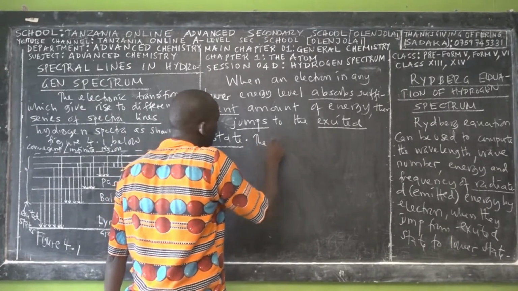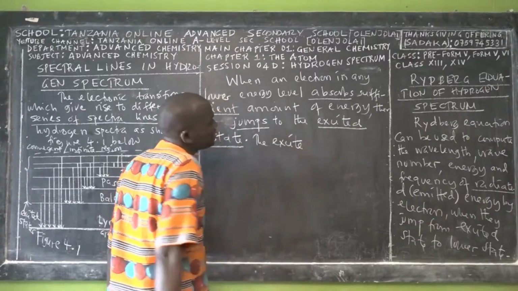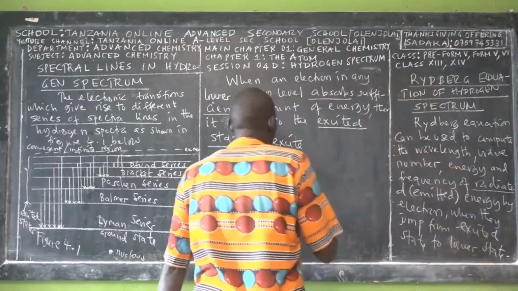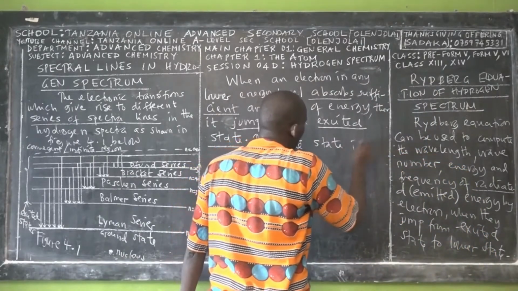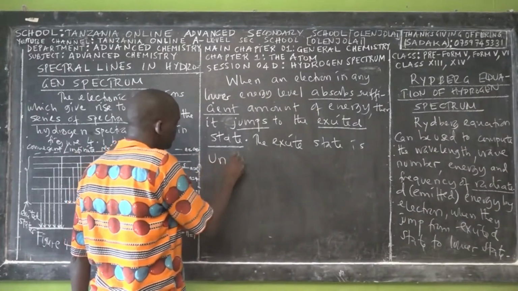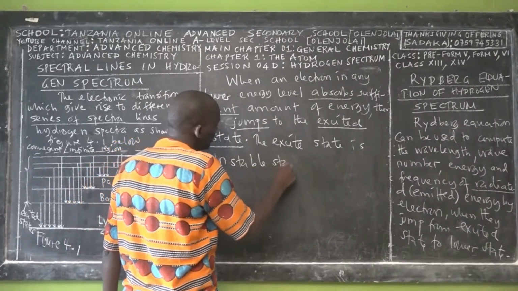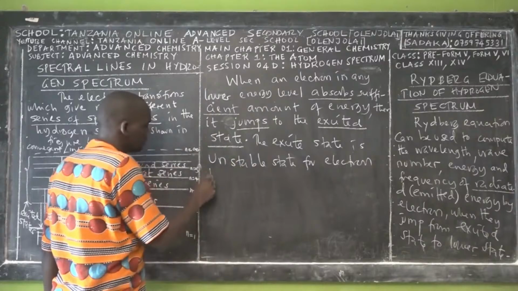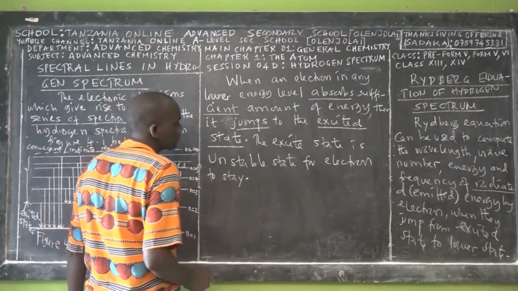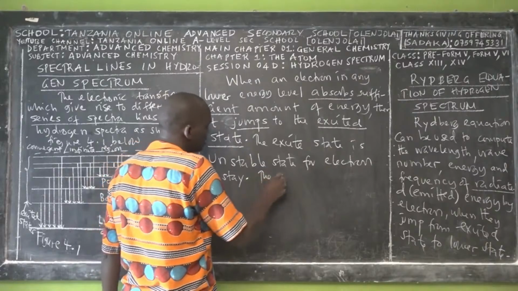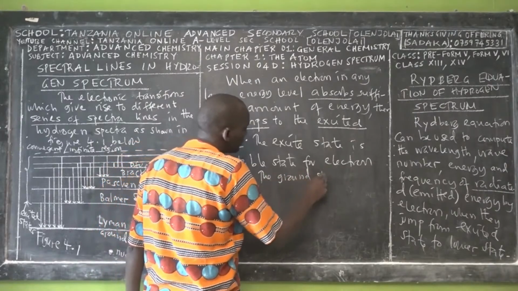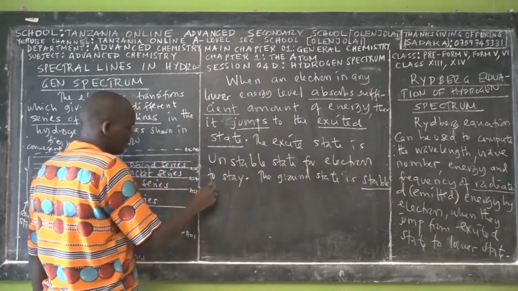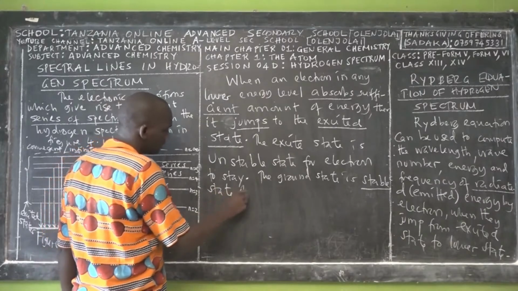The excited state is an unstable state for an electron to stay. The ground state is the stable state of an electron.